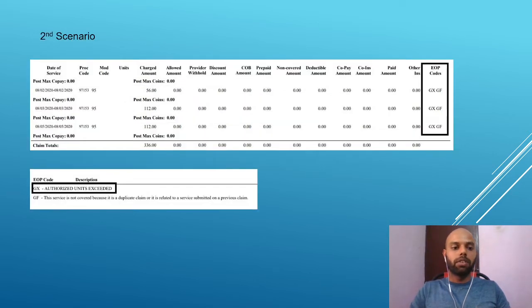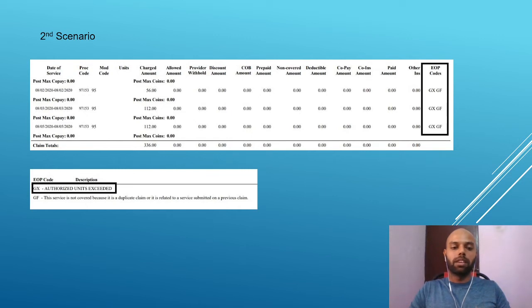And this is scenario two. Here, the claim is denied and the EOB code states GX. That means authorized units exceeded. You feel like this is the same denial, but this is different. In this scenario, the provider already got the authorization, but here the authorization has been exhausted.